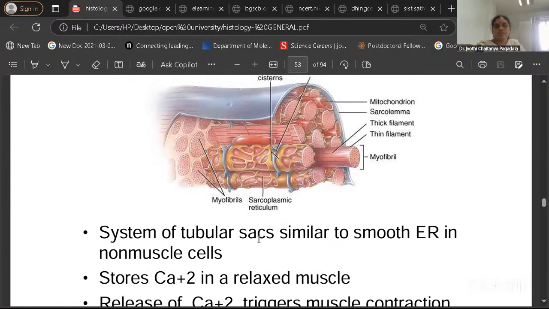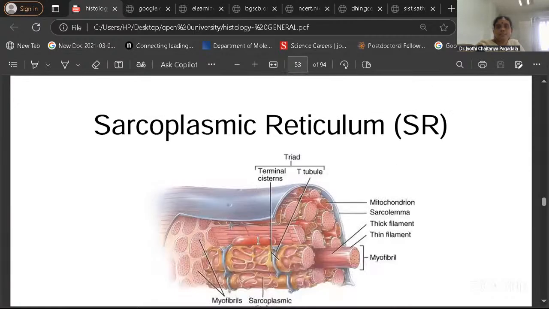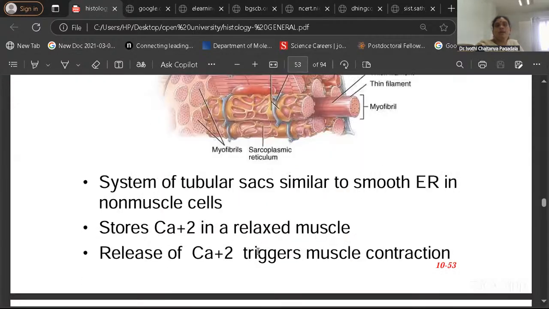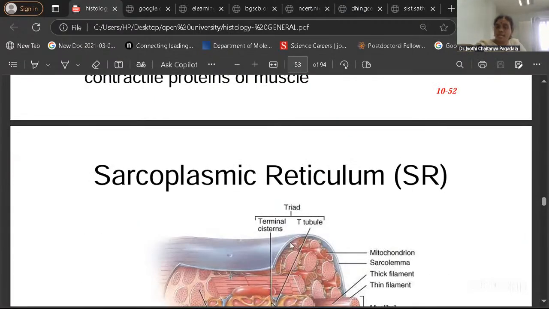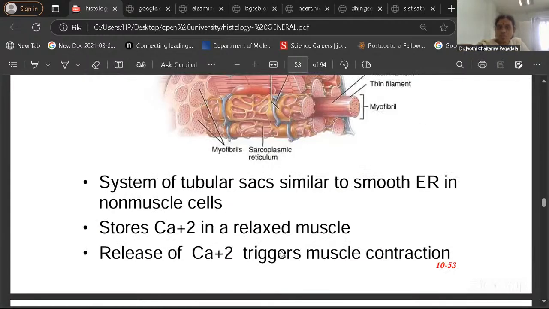So the main use of the sarcoplasmic reticulum is relaxing and contracting the muscle. This is the place where calcium ion storage takes place, and the release of calcium ions triggers the muscle contraction.